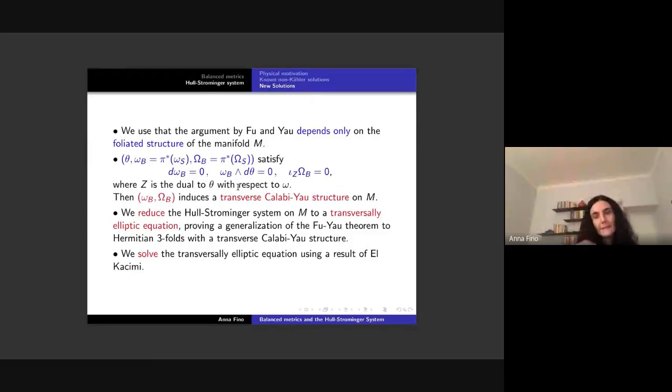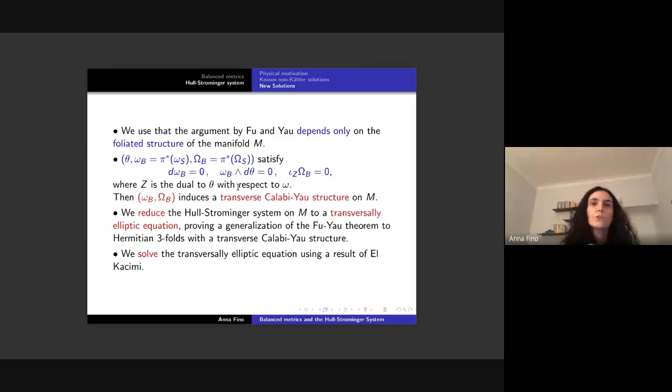So what we did, that's the technical, analytical part, is to reduce the Hull-Strominger system to a transversal elliptic equation. We use a transversal elliptic operator in this case, and we prove in this way a generalization of the Fu-Yau theorem to Hermitian threefolds with a transverse Calabi-Yau structure. So it's a little bit more general.